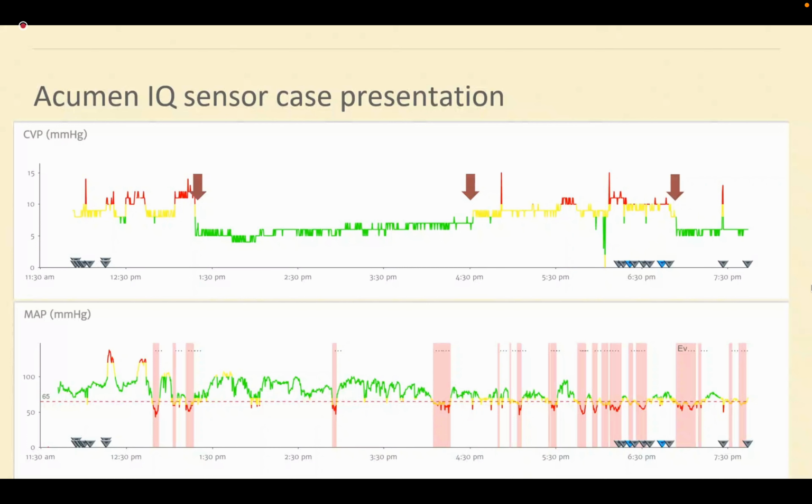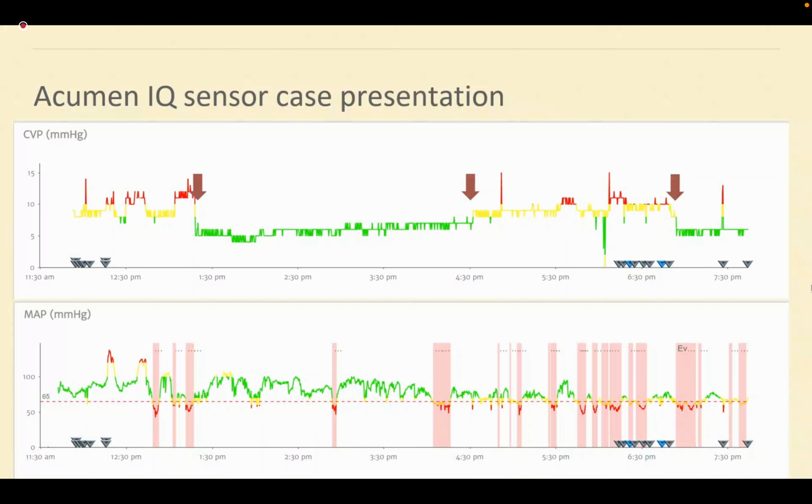And anesthesiologists add more and more tools. But I think, in my opinion, CVP remains reliable, and hypotension occurs frequently.